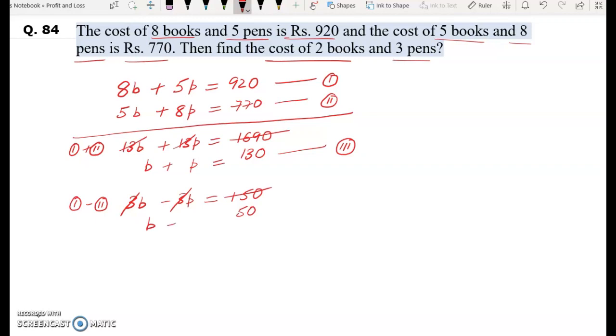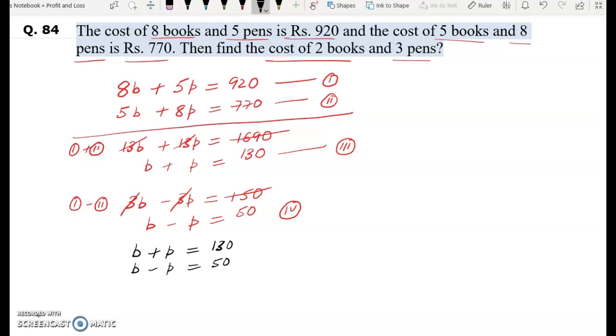So b minus p is equal to 50. Now we have the value of b plus p and b minus p. b plus p is equal to 130 and b minus p is equal to 50.